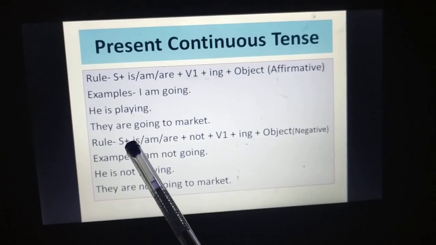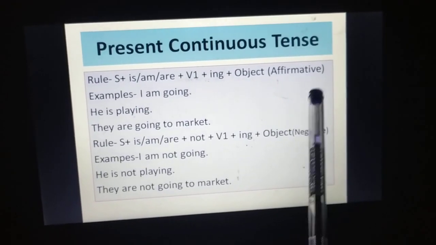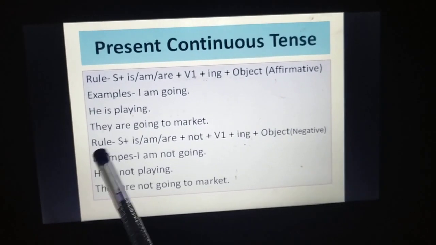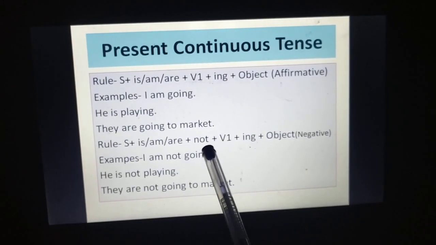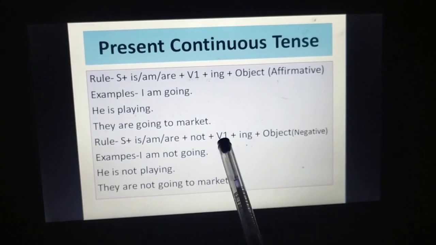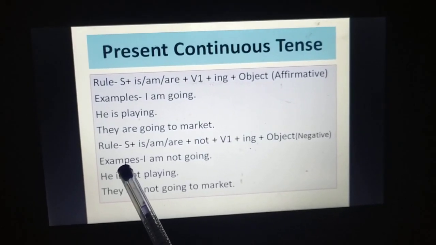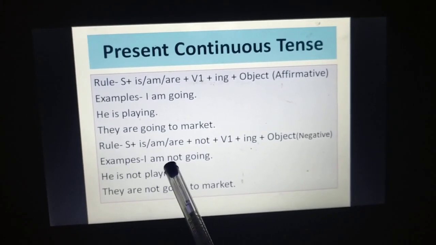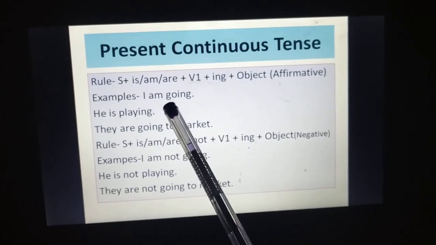Now the rule for negative sentences, to change the affirmative sentences into negative: subject plus is, am or are plus not plus verb 1 plus ing plus object. Verb 1 means first form of the verb. Examples. I am not going. Look here, it was I am going.